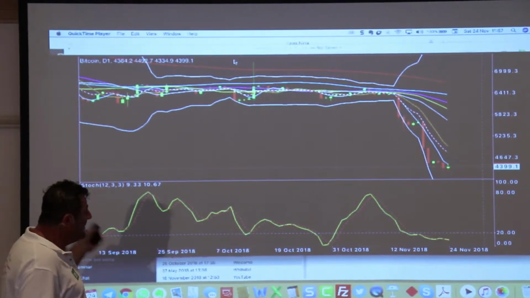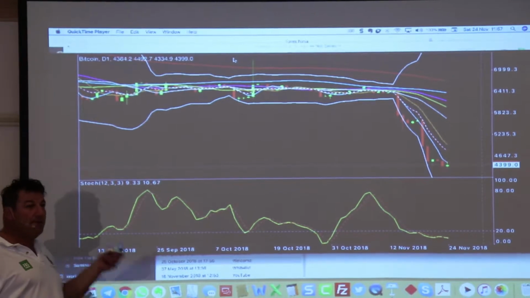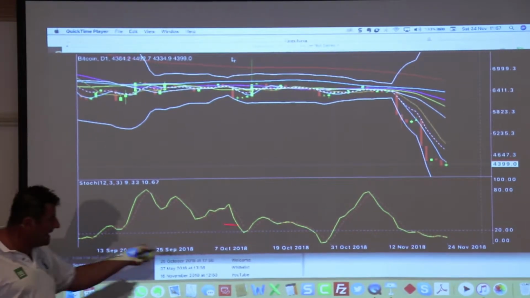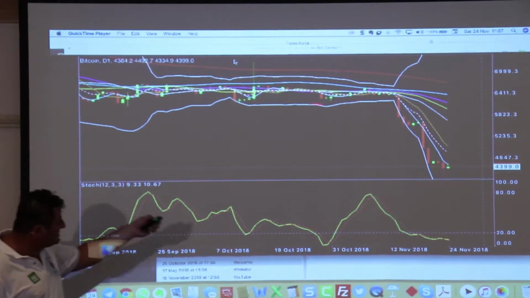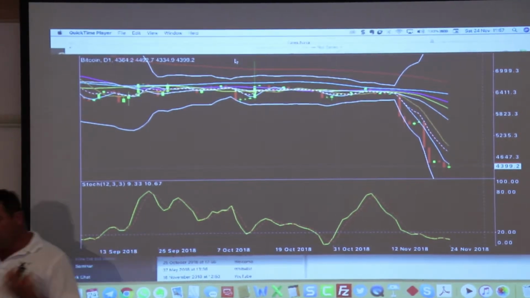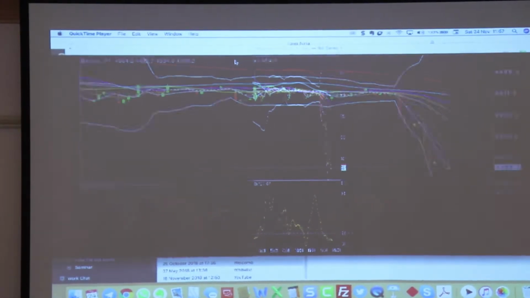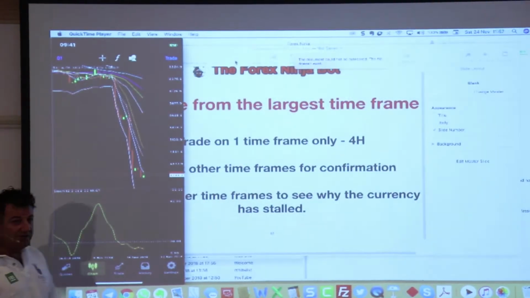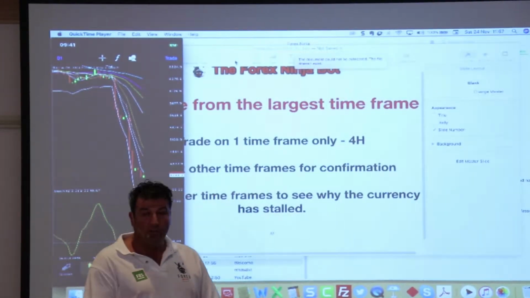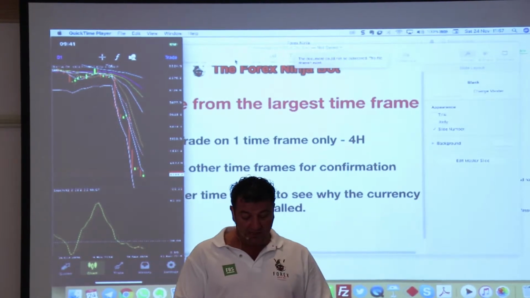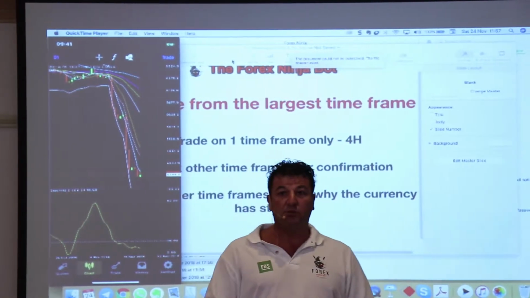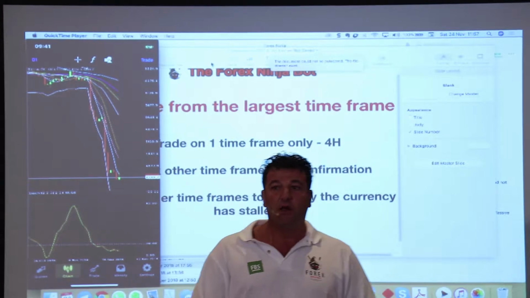You must remember that there are millions of traders out there, millions of traders just using stochastics, millions of traders just using moving averages. So the professionals, I'm talking about the banks and hedge fund managers, use these moving averages. They use the 34, which is the yellow, the 50, which is the purple, the blue, which is the 100, and the 200, which is the red.